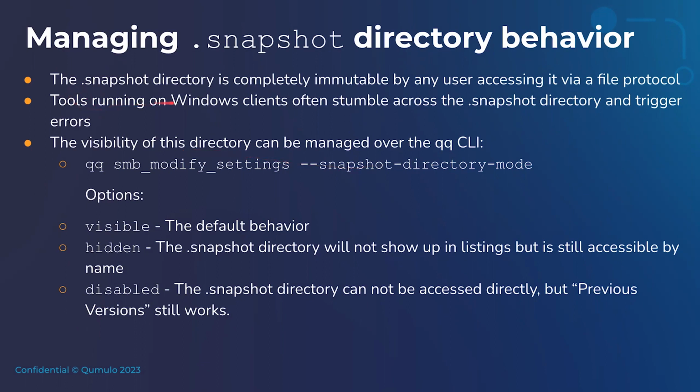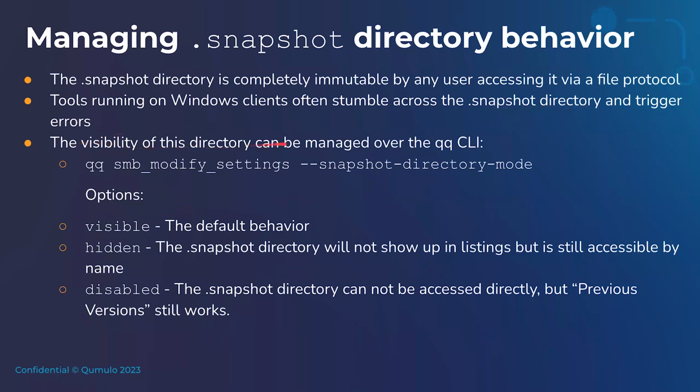But tools running in Windows, particularly like your mass changing permissions, or if you're running robocopy, or if you're doing something on the command line, in Windows in particular, it seems to happen more often, they stumble across that snapshot directory and you have some errors, like your tool will stop working because you try to do something with that directory. It becomes kind of a hassle, especially if you have a long running job and you're leaving for the weekend and you come back on Monday and you realize that the thing stopped because you hit a .snapshot directory.